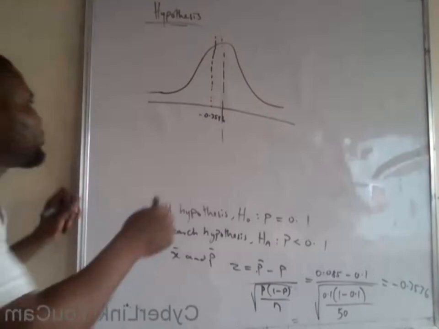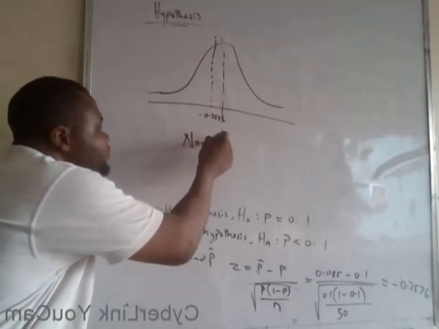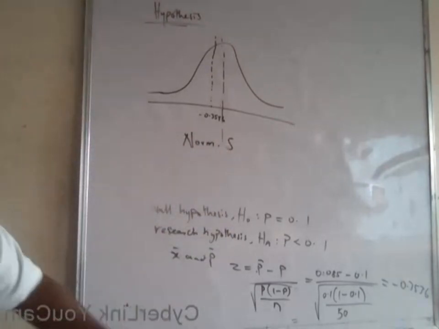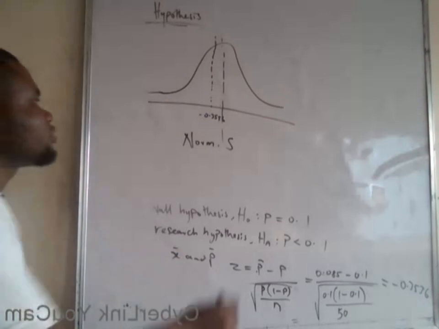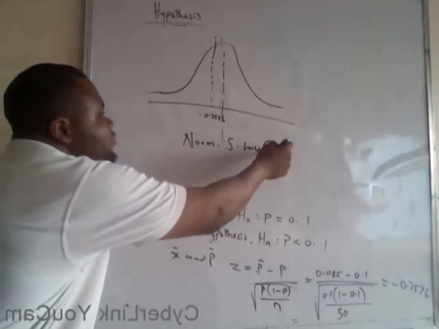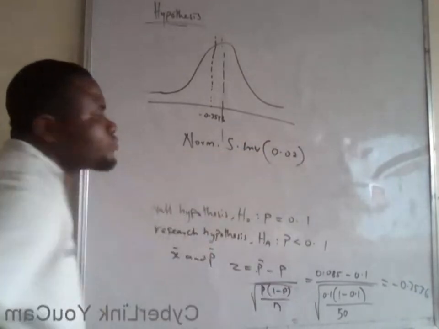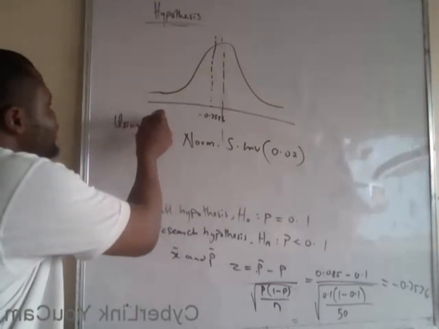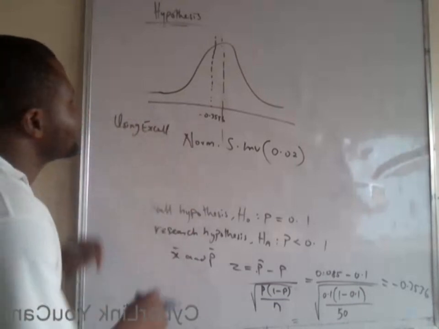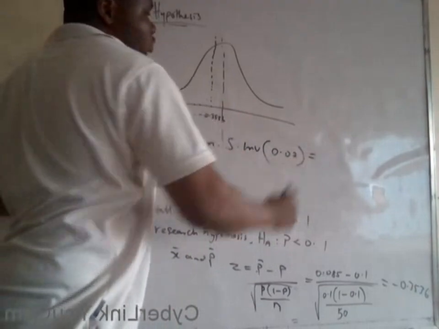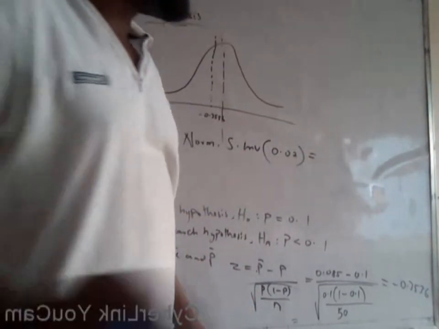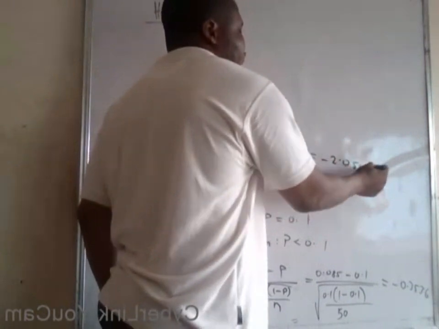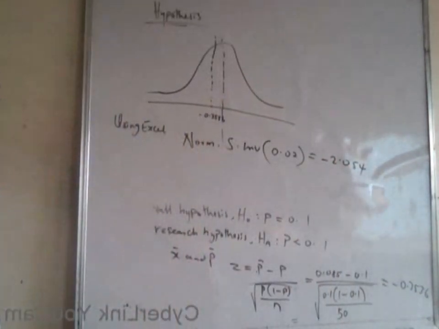So if we type in Excel NORM.S.INV and put in 0.02, using Excel, we are going to get minus 2.054. It's going to be minus 2.054.